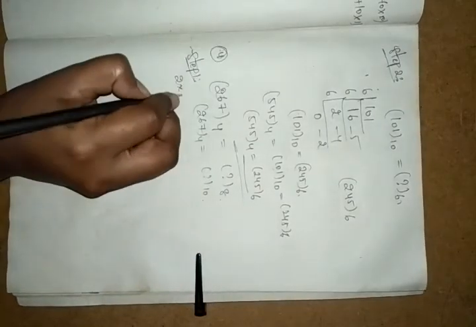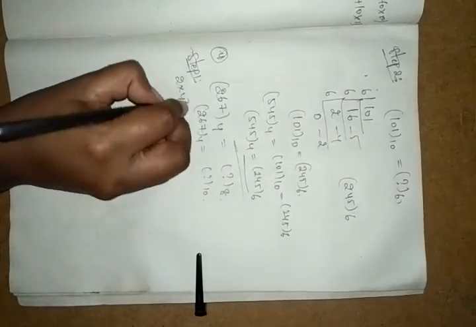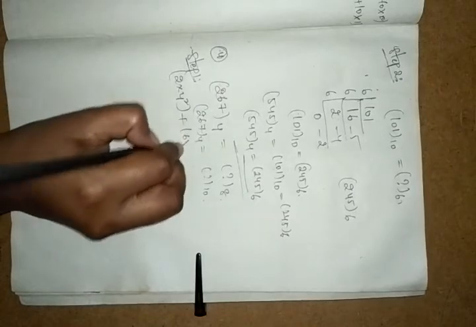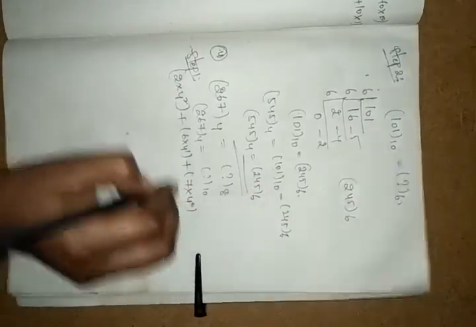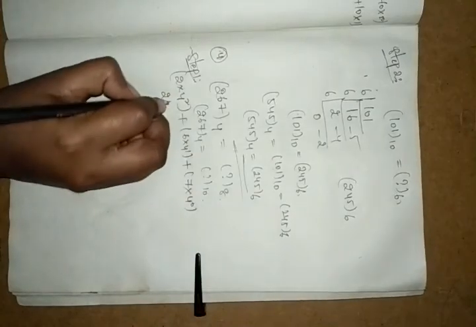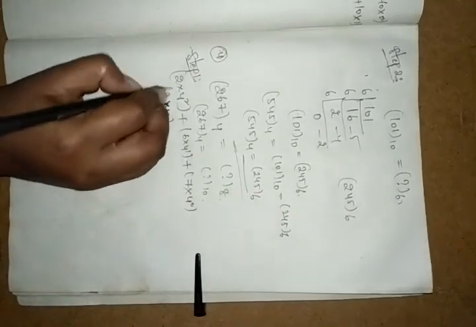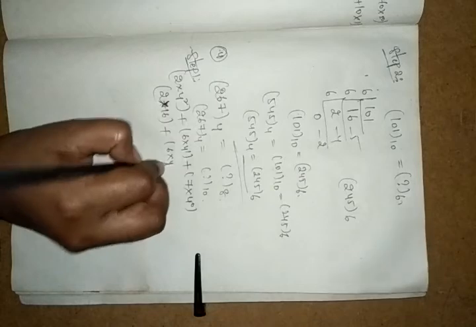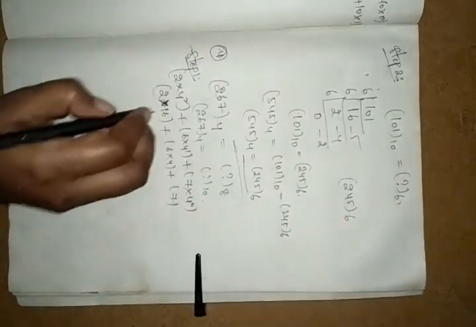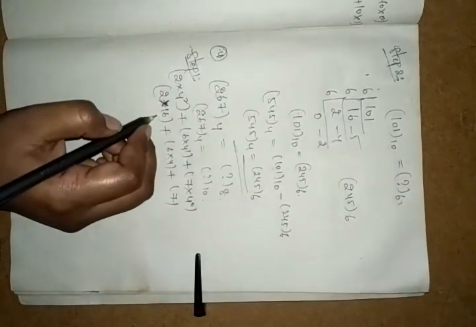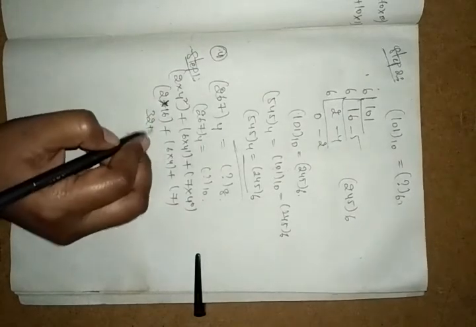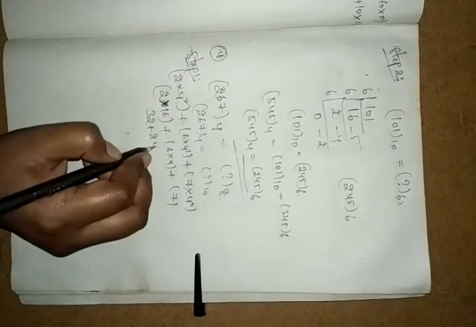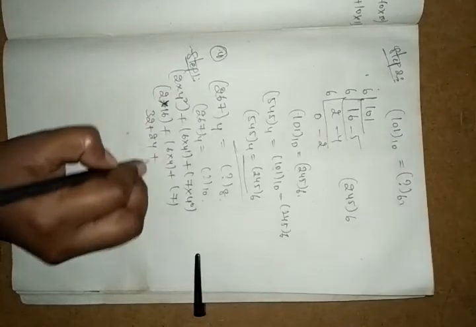2 into 4 power 2, plus 6 into 4 power 1, plus 7 into 4 power 0. That is 2 into 16 plus 6 into 4 plus 7. 16 into 2 is 32, and 24, plus 7.